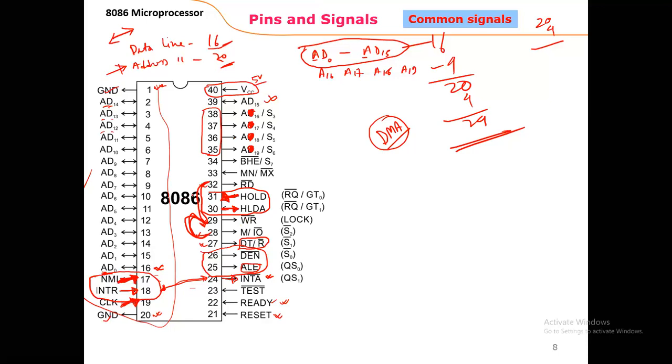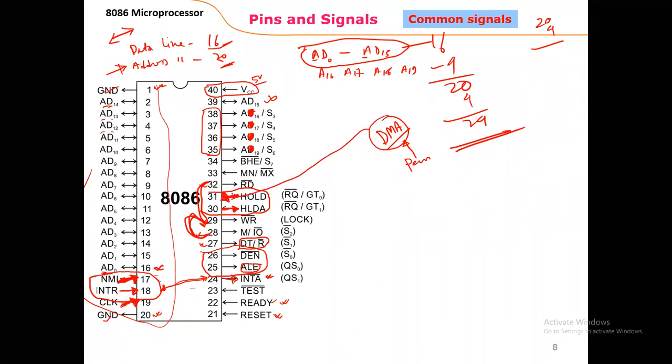So the microprocessor involves another controller, named the DMA controller, direct memory access. At first our peripheral device, suppose our pen drive, requests DMA: I will transmit my data to the hard disk. The pen drive requests DMA, and DMA requests the microprocessor on this HOLD pin.